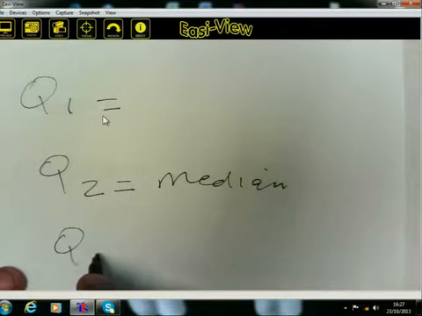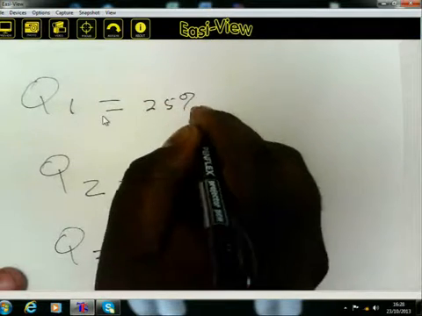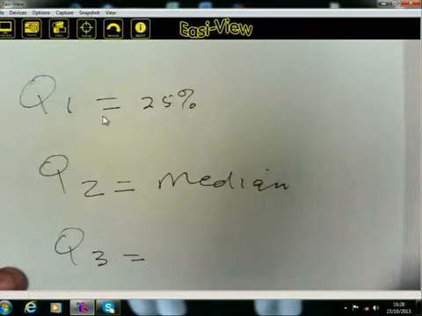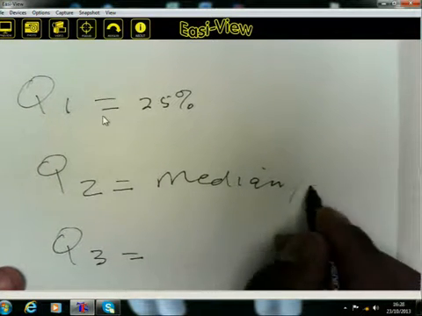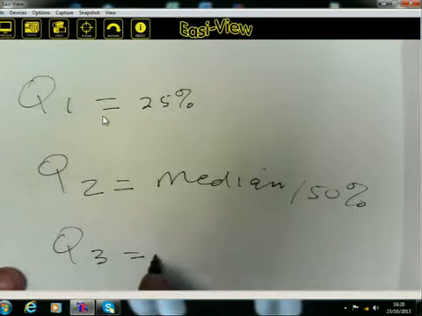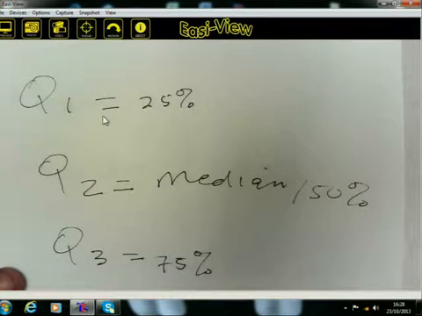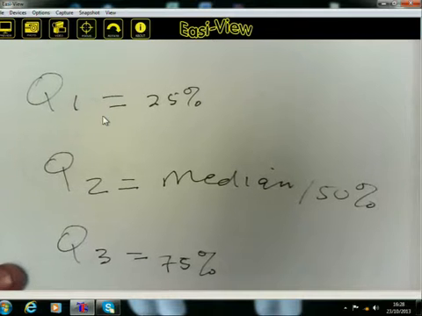And then it will be Q3. Now this will be the 25th percentile. Median will be the 50th. And then the third quartile will be the 75th. Do you see now? We'll do this after the break.